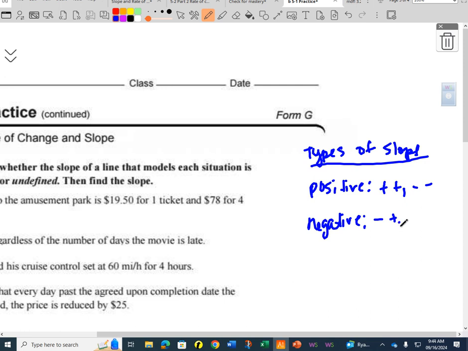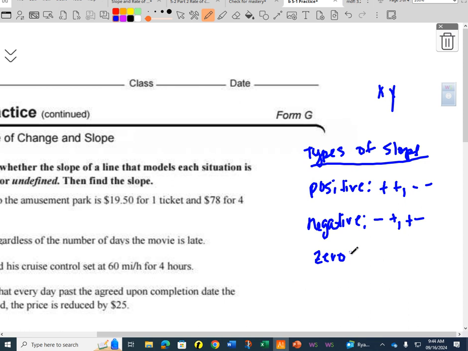And by input and output, we're really talking about x and y. If my x value increases and my y value increases, that's a positive slope. So we're talking about increase in x, increase in y.